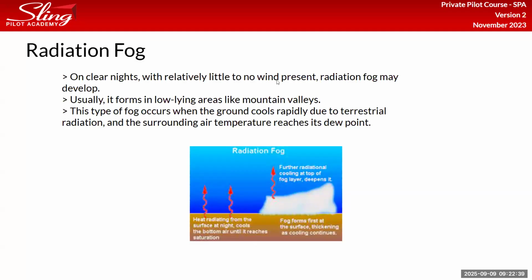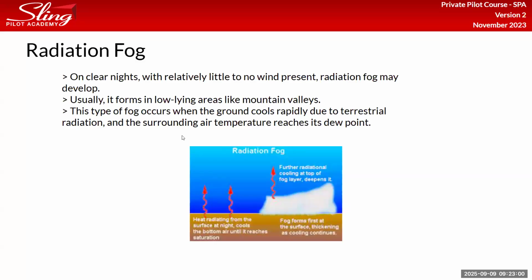We talked about how there's little to no wind presence with this. It's important on clear nights where there are no other clouds higher in the sky. And we can see this over a golf course or in a valley in early morning. You'll see fog on top of the ground.